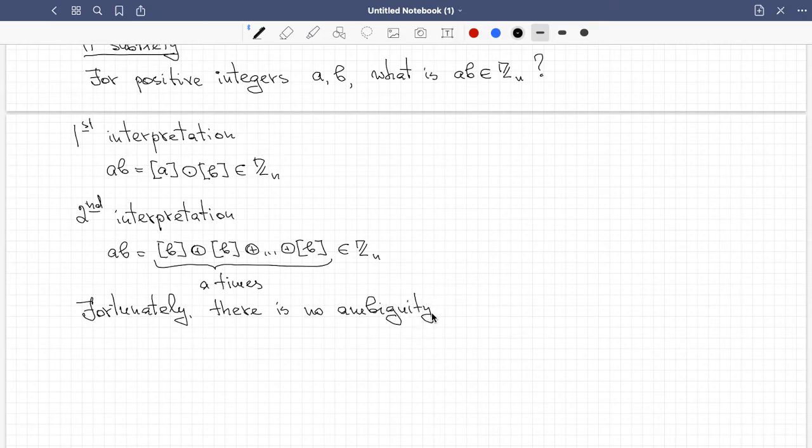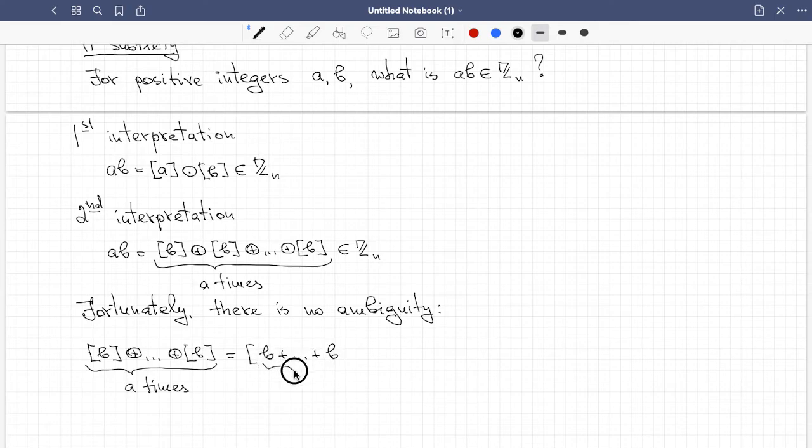In fact, this thing, B plus up to another B, A times, by the definition of addition in Z mod n, is the same thing as the class of B plus up to B, A times.